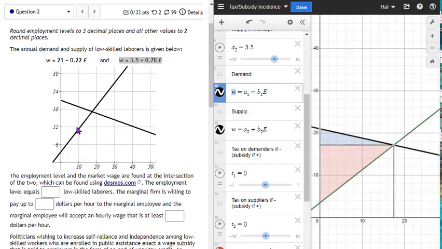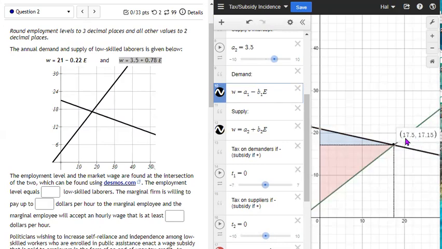And we find the equilibrium employment level at the intersection of the two, right? We find that at the intersection of the two. So the equilibrium level of employment here is 17.5, right? The first number is the employment level. The second number is the wage rate.